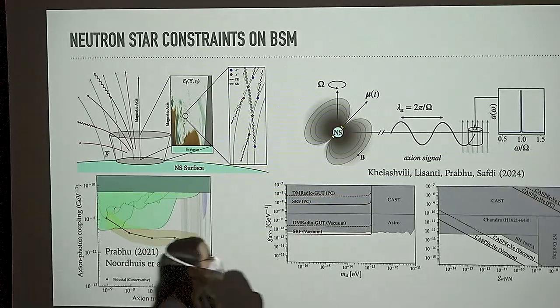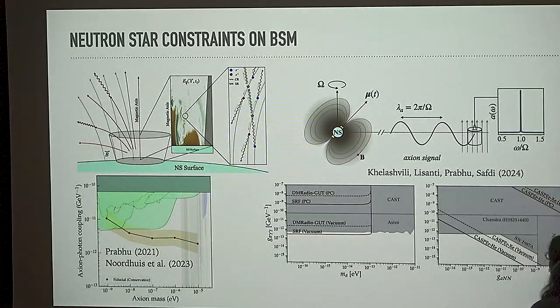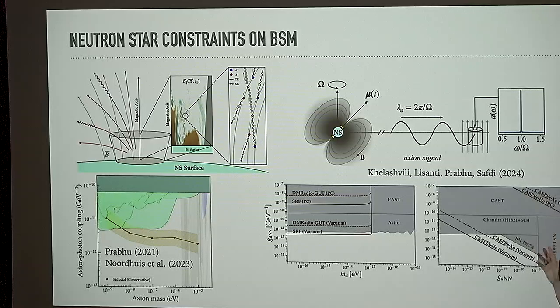And you can also do the same thing. So again, from the polar regions, you can have these axions coming out. And you can actually think about trying to look for these axions in your lab. Okay, so if you have a pulsar that's rotating, so pulsar is just a neutron star that's rotating, okay, then if you are emitting axions out of this polar region, the polar region's only facing you some of the time. So it's like a lighthouse where sometimes the axions are beaming towards you.